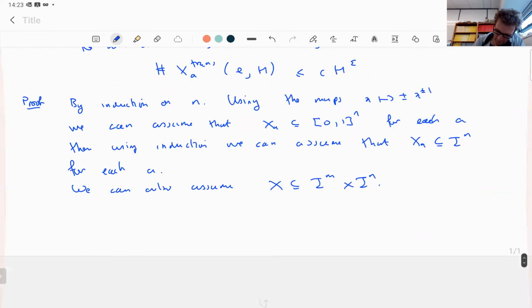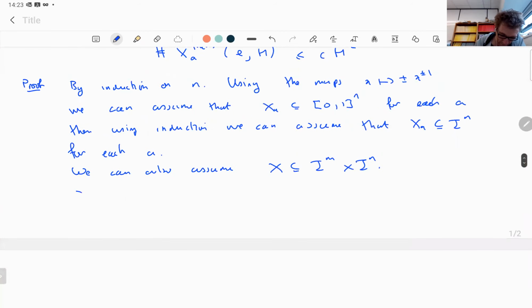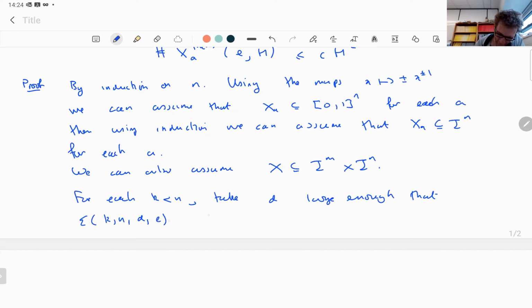So for each k less than n, take d large enough that the epsilon_k in d_E provided by the Diophantine proposition is less than epsilon over 2.